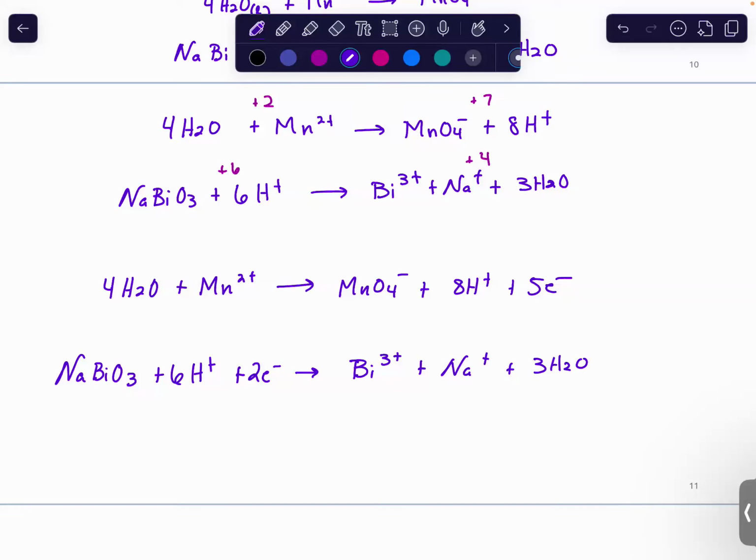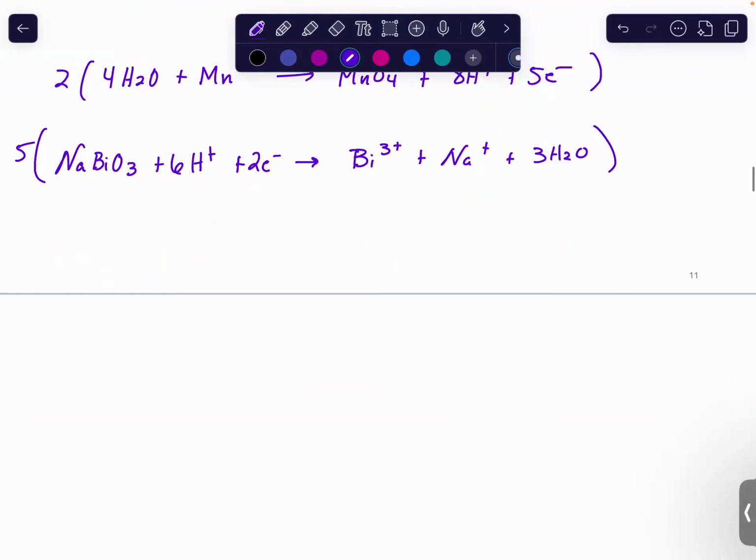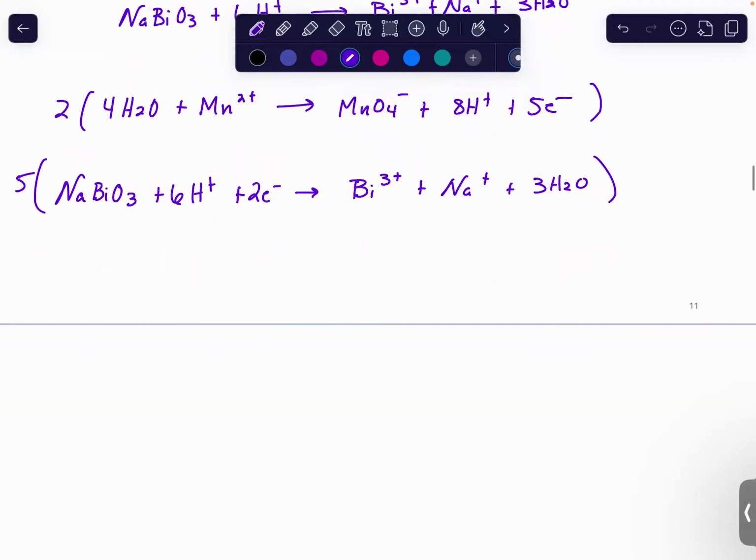Okay. Now I need to scale everything so you have the same number of electrons in each equation. How am I going to do that? Yep, lowest common multiple. You have to meet at 10 electrons. Okay, so I'm going to go ahead and put these in a format where I can just then add them.